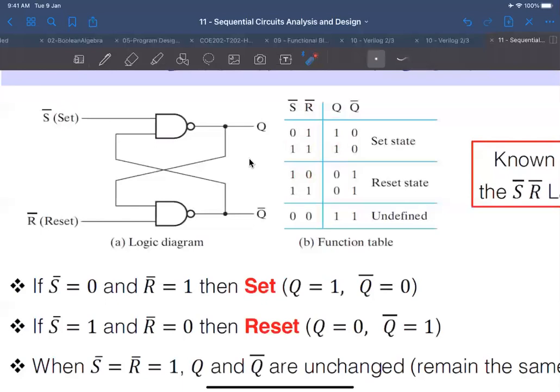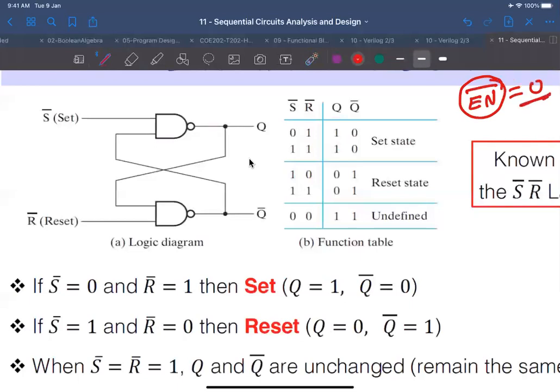This is a common nomenclature to indicate whether the signal is active low or active high, the value at which the signal is active. When I have a signal called enable complement, you should know directly that this signal is active low, so it is active when it is 0.